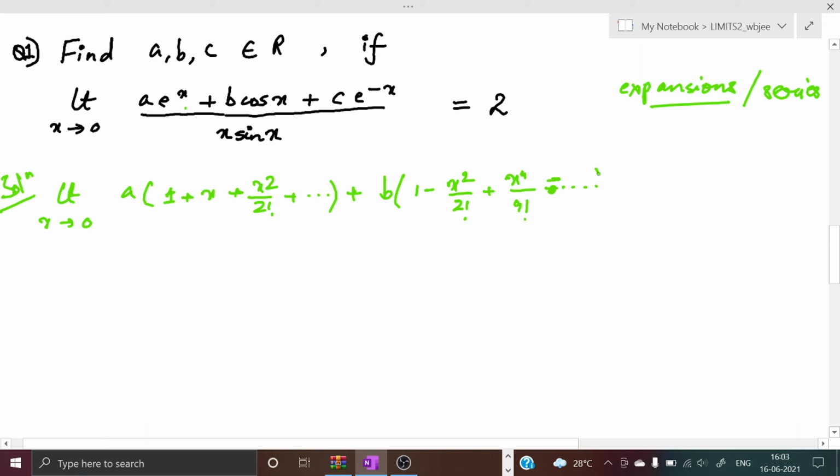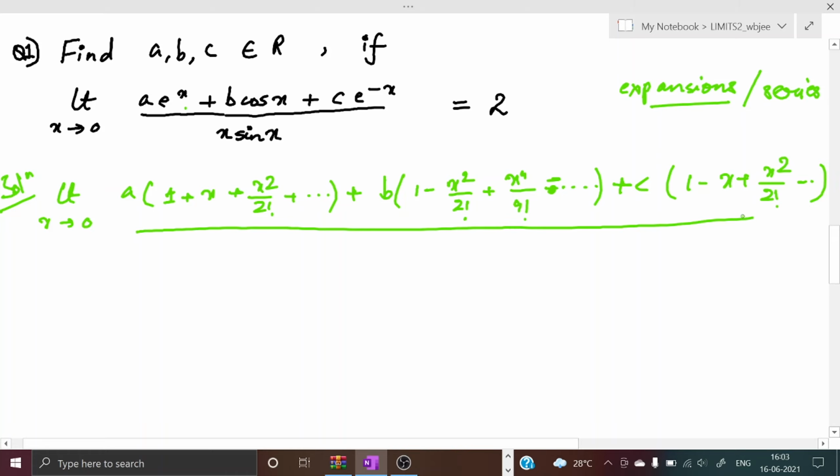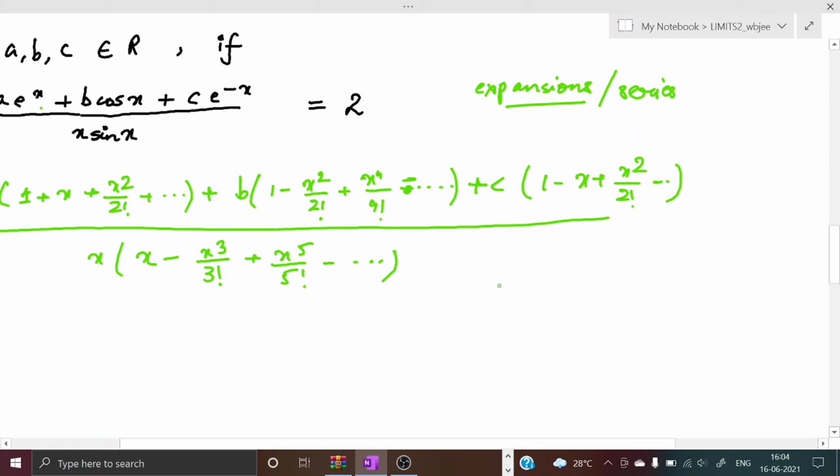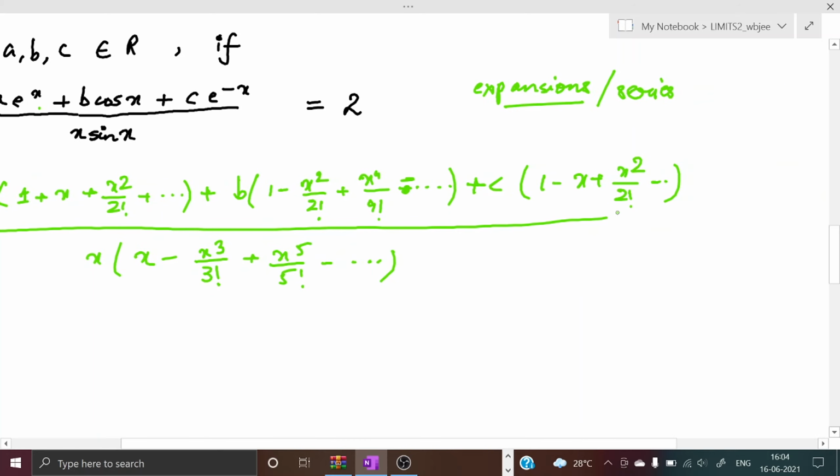Then we will write the expansion of e to the power minus x, which is 1 minus x plus x square by 2 factorial and so on. And in the denominator we will write the expansion of sin x. So we will get x into x minus x cubed by 3 factorial plus x to the power 5 by 5 factorial. And it is given that this entire limit is equal to 2.